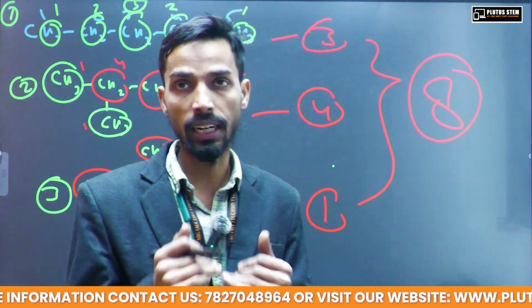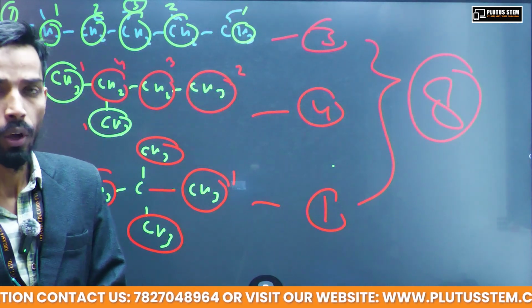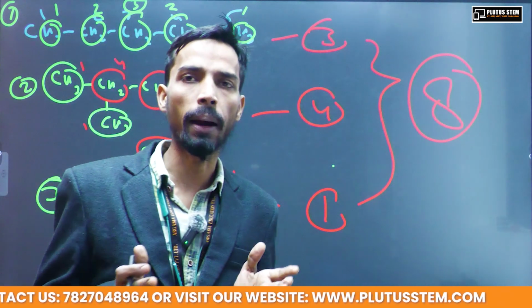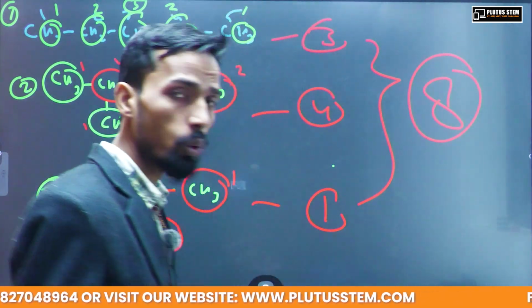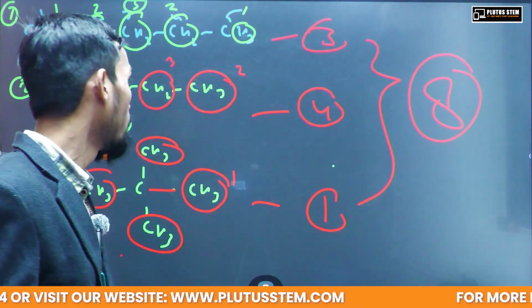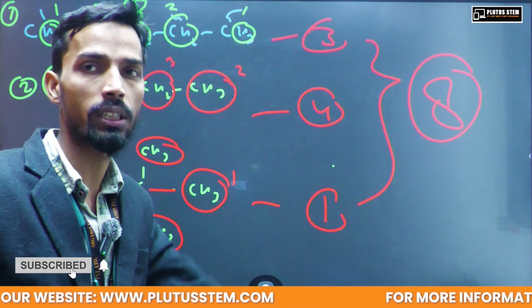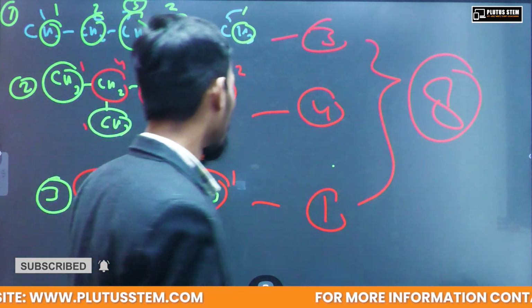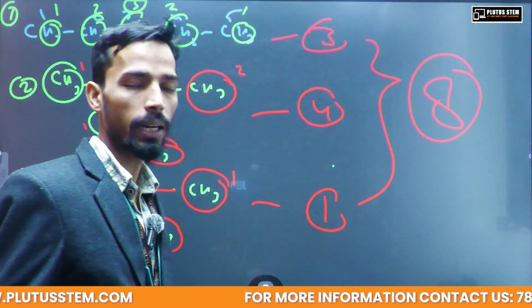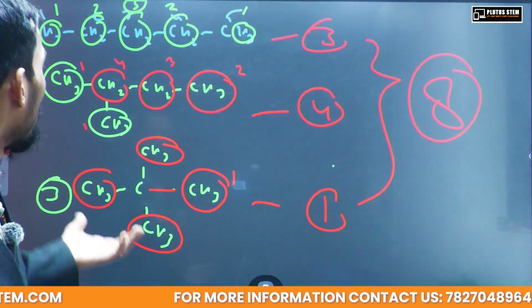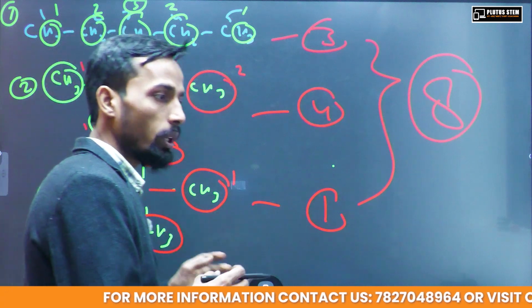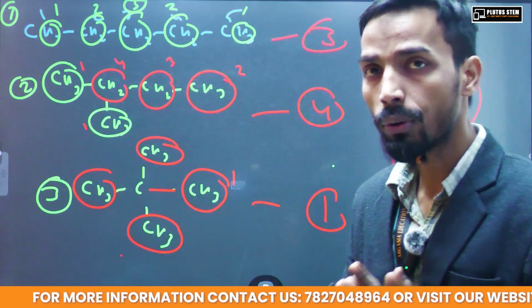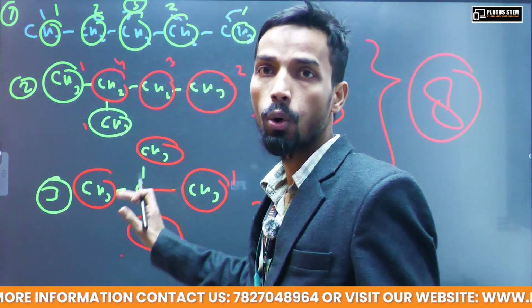If you are quick in remembering these things, you can just within a fraction of a second, by visualizing the question, tick the right answer. And if you are not that good at memory, I have also explained the whole concept, how you can draw these isomers quite easily.